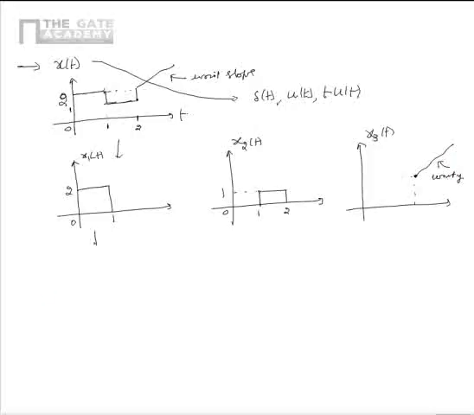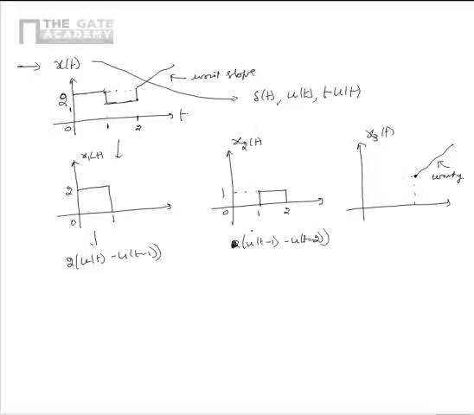From this we see that x1 of t can be written as 2 times u of t minus u of t minus 1. x2 of t can be written as 2 times u of t minus 1 minus u of t minus 2.